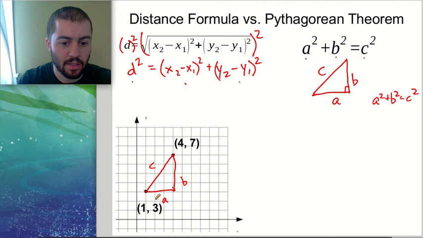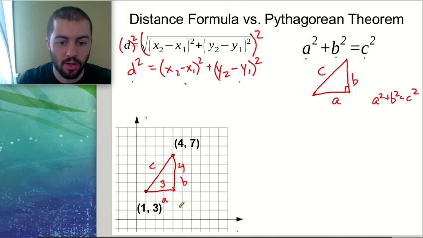So we could find the distance of side A by just subtracting the x coordinates of this triangle from each other, right? So we have from 1 as our x coordinate going to 4, so that means we went over 3 in the x direction. And then in the y direction, we went from 3 up to 7, so we went up 4.